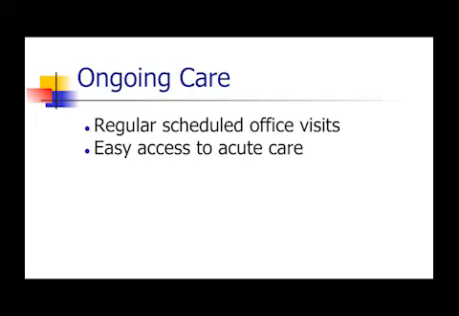As a part of the regular scheduled office visits, we want to make sure that a full problem list is considered every time we see the patient. It's very easy to overlook things like constipation or urinary incontinence. We want to have all their problems available for every office visit and also for any visit to acute care.